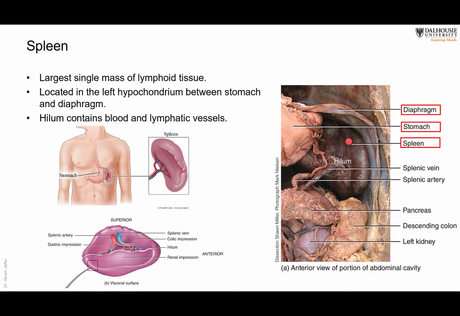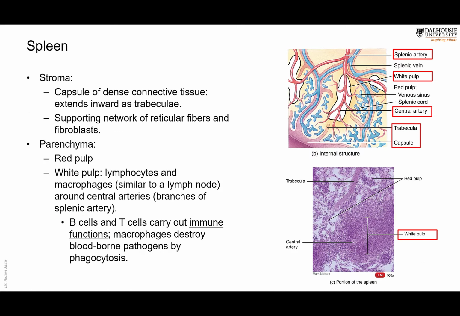The spleen is fragile. Although it contains a lot of blood, it has fragile tissue. Again, it has a capsule of dense connective tissue with multiple septa, but there is no cortex and medulla.